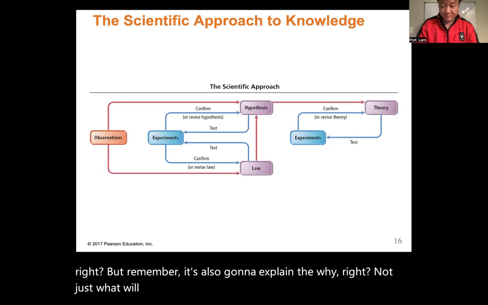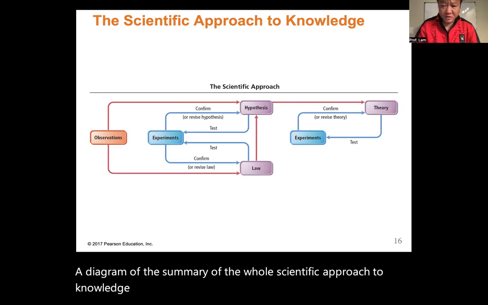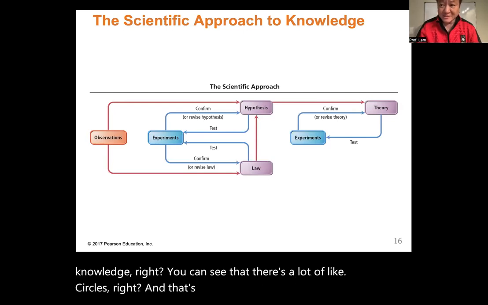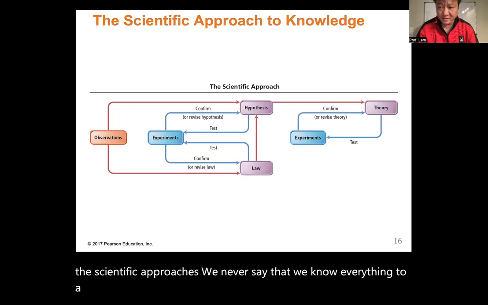Okay, so here's a diagram of the summary of the whole scientific approach to knowledge, right? You can see that there's a lot of circles, right? And that's because that's the whole premise of what the scientific approach is. We never say that we know everything to 100% certainty, right?